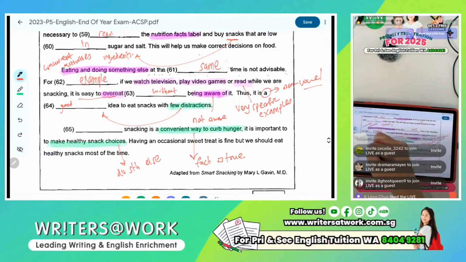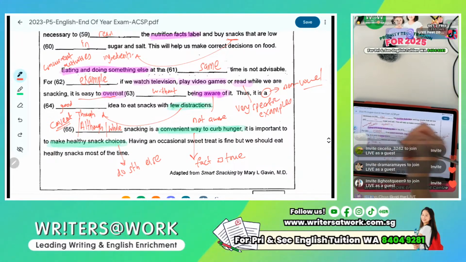It is like what we call a caveat. It is like a special terms and conditions in your receipt. So the answer would be, although snacking is good, or you can say, while snacking is a convenient way to curb hunger, or you can say though. Okay.